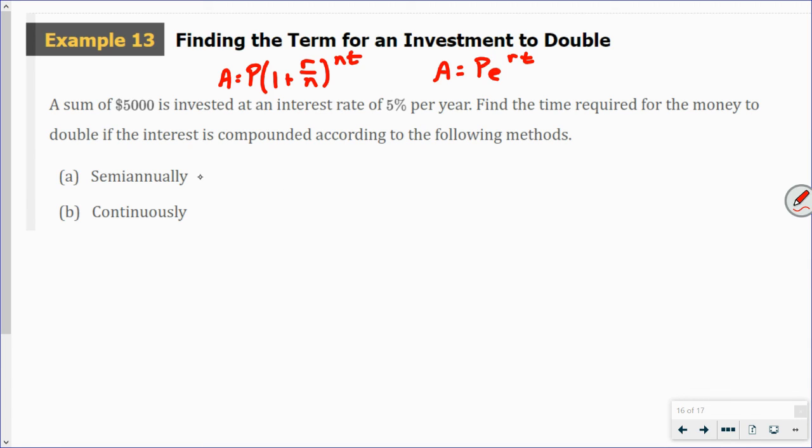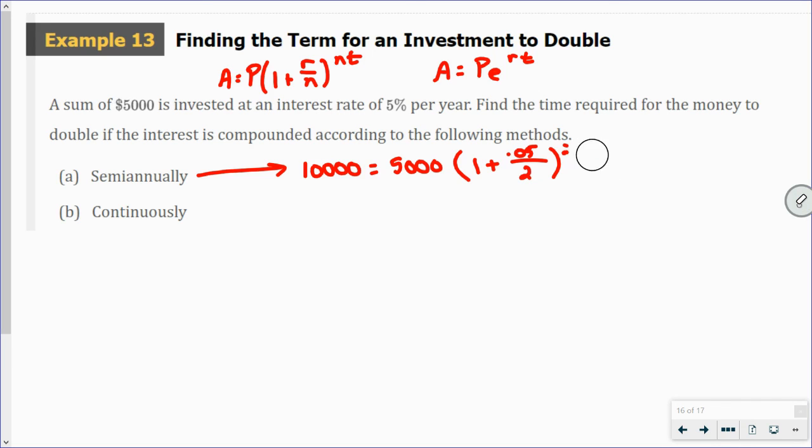So we're going to compound semi-annually. That means we're going to use this first formula. And I'm going from 5,000 and doubling it, so now I'm going to 10,000 equals 5,000 times 1 plus r, which is 0.05, over 2, semi-annually, so that's twice a year, to the 2t. We're solving for time here.